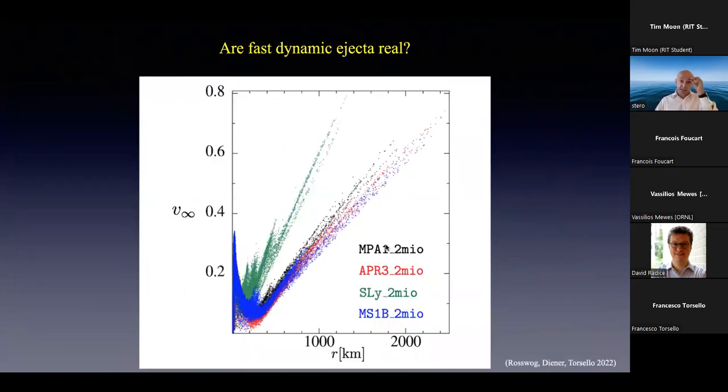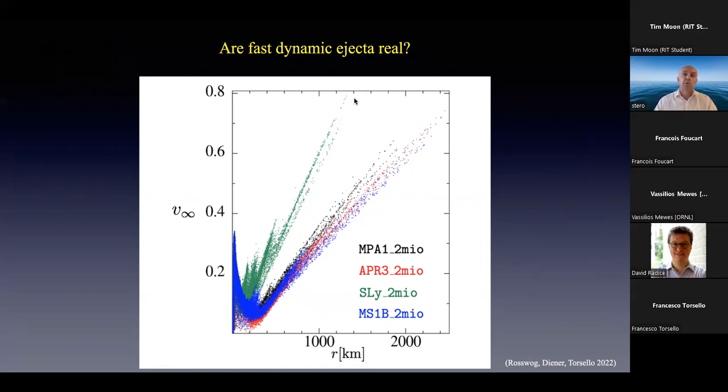Now you may ask, are they real? Well, that's maybe a slightly different question from asking, do we think everything is converged? I think not everything is converged, but actually I start to believe that these things are real. And part of the reason is that we see very nice distributions of the velocities as a function of radii, and they naturally extend to these large velocities, getting close to 0.8 c or so.